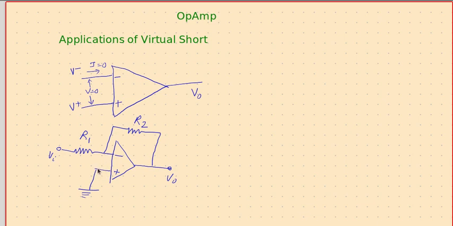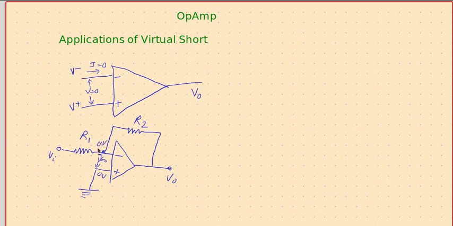So what does it say? The input which is not directly driven by any source has to follow the other input, which has a direct driving source. So if this point is at zero voltage, then the voltage between these two should be zero, which means the voltage at this point is also 0 volt.